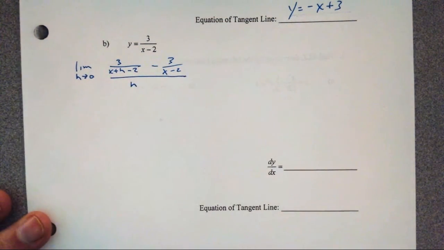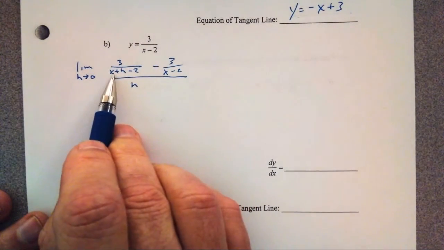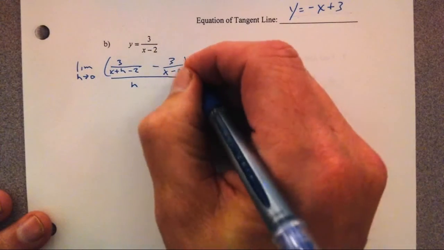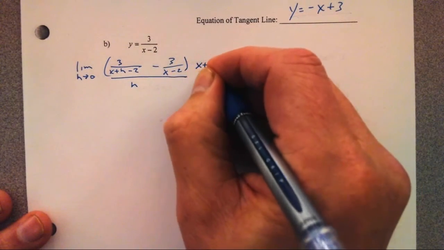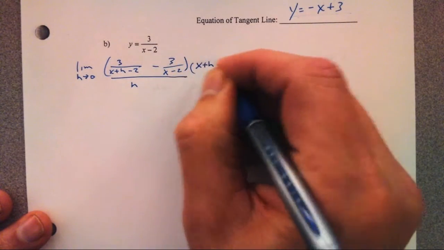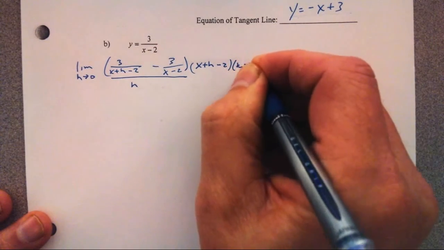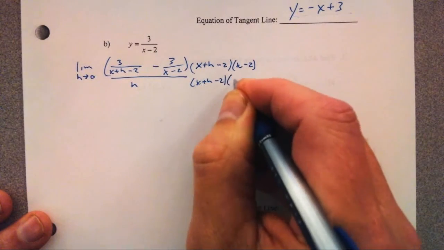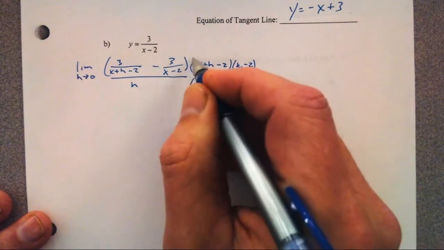For this, I find my least common denominators. I need a factor of x plus h minus 2 and another factor of x minus 2. I'm going to multiply top and bottom by (x plus h minus 2) times (x minus 2), all over (x plus h minus 2) times (x minus 2).